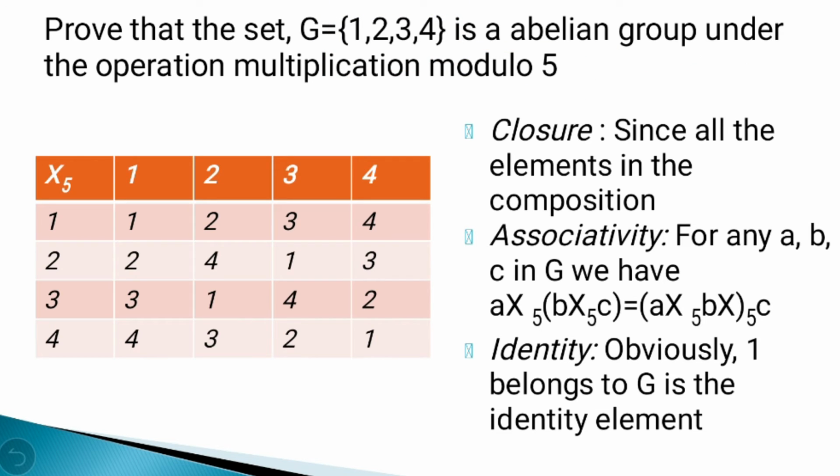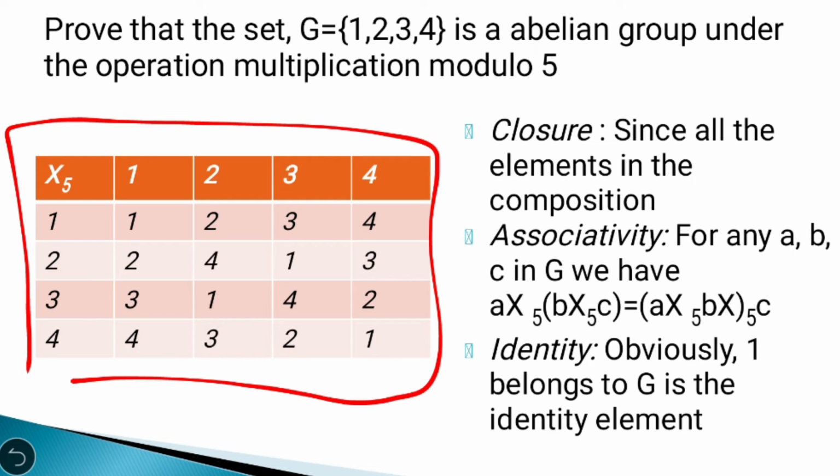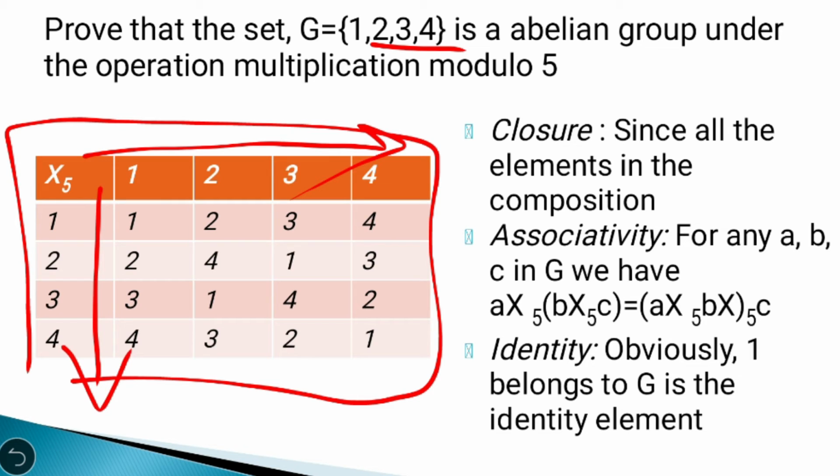Now let's first understand how to create this composition table. In the first row you need to write down your elements, and the same in the first column. Now you have to perform the multiplication modulo operation with these elements. First multiply 1 by 1, and when we divide by 5 it gives remainder 1.